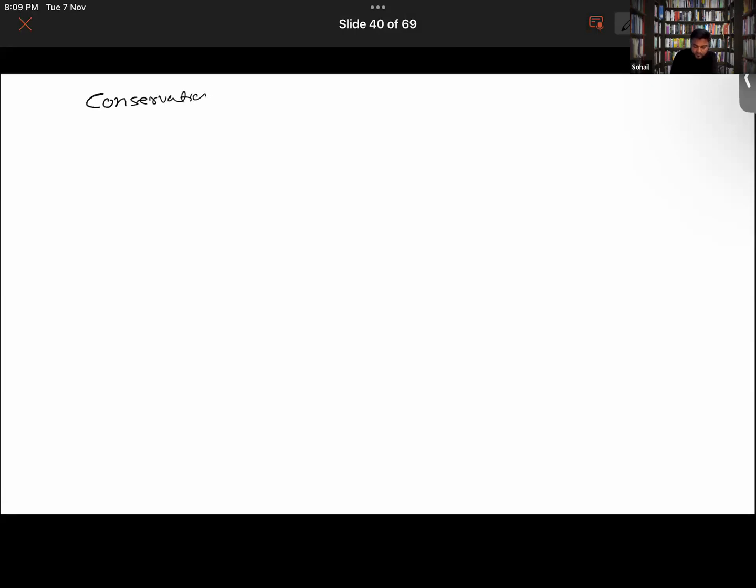Simply explain this word conservation to me. What does it basically mean? Like conserve, what does it mean? To save something. That is what the word conserve means, no? Yes. So in the case of conservation of water, we are actually saving the water.